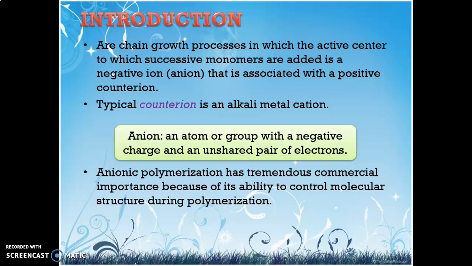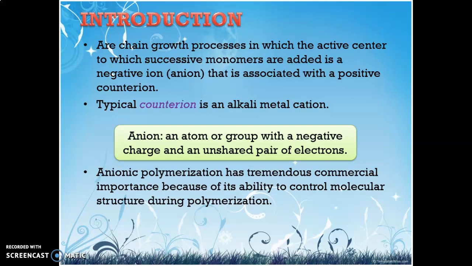So basically the initiator will dissociate to form positive and negative charges. The carbanion, the active site that the initiator contains, has the negative charge on a carbon atom. This is the reactive site that will react with other monomers in the propagation step.